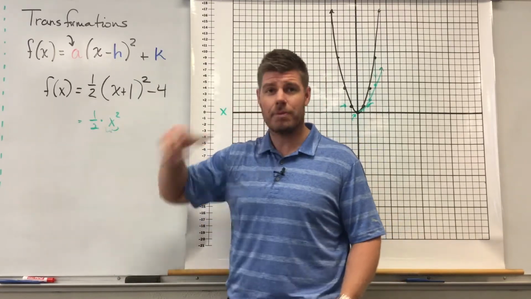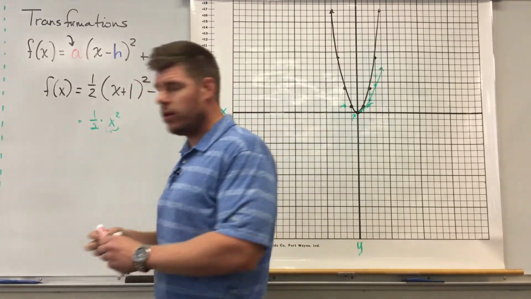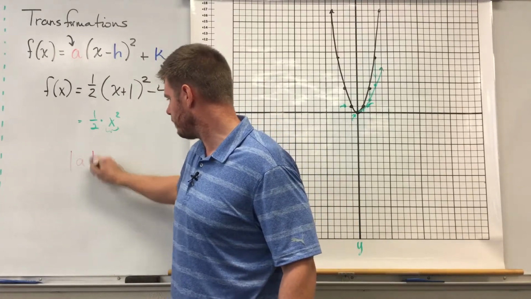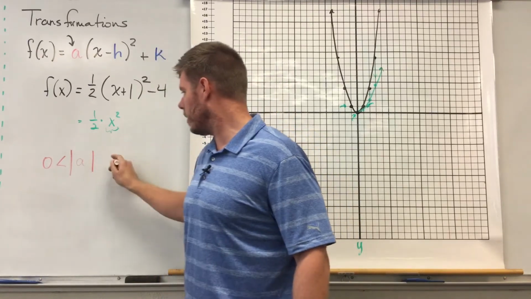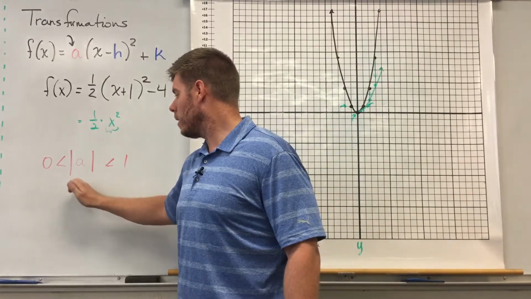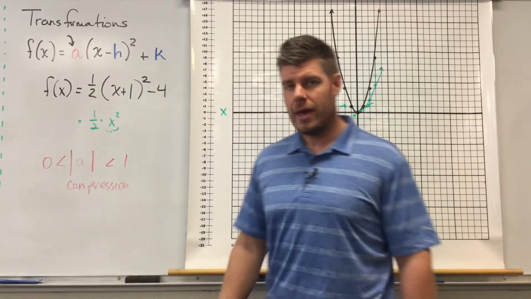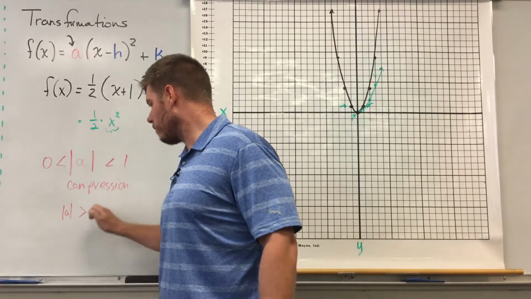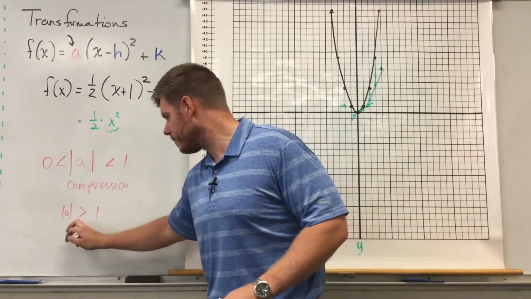If you take the absolute value of A, whether it be positive or negative, if the absolute value of A is greater than 0 but less than 1, you have what we call a compression. If the absolute value of A is greater than 1, you will have a stretch.